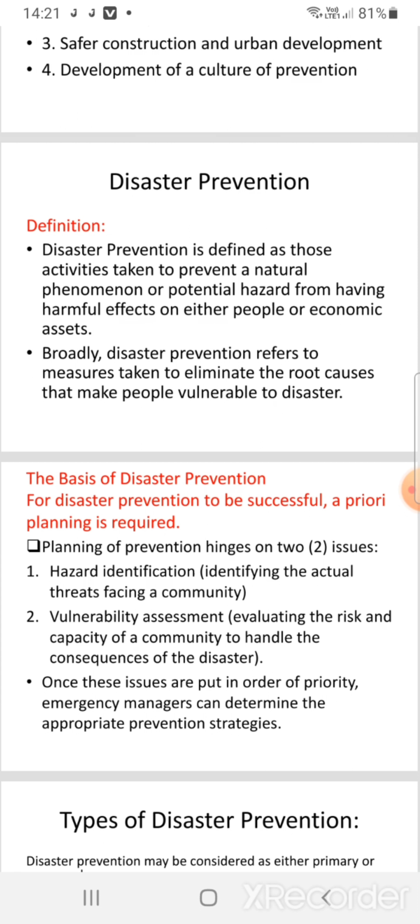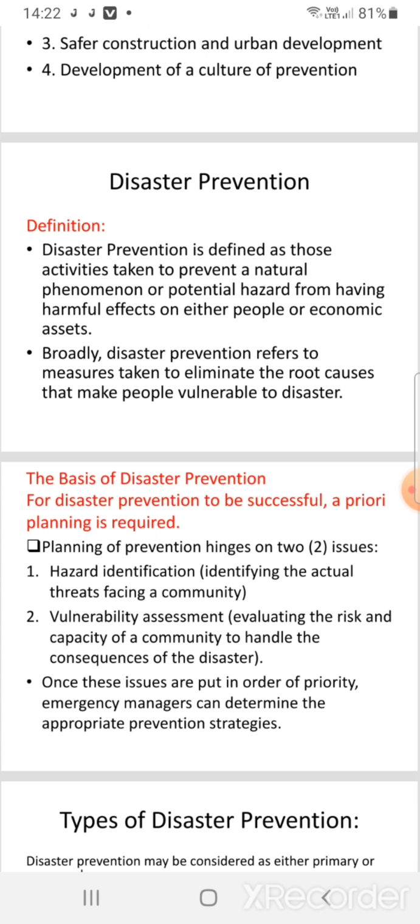I hope you got the point. The disaster or natural event will occur, but the effect upon people and assets is prevented. Broadly, disaster prevention refers to measures taken to eliminate the root causes that make people vulnerable to disaster.